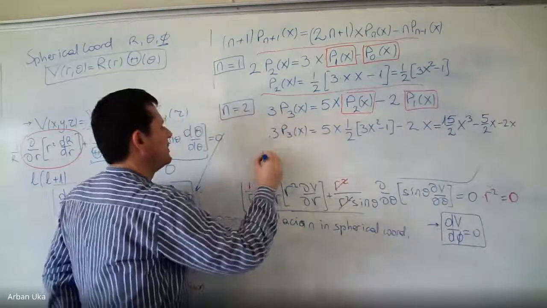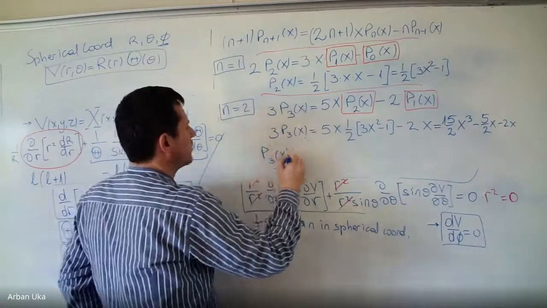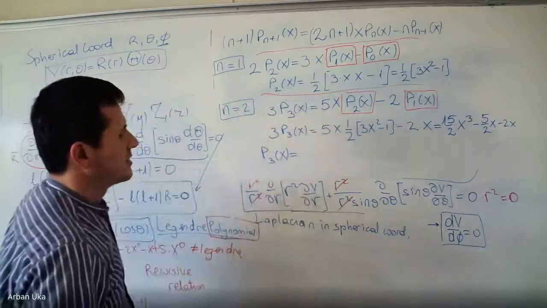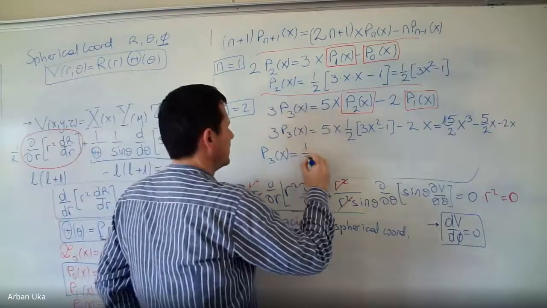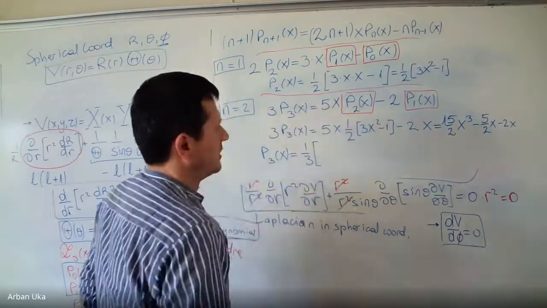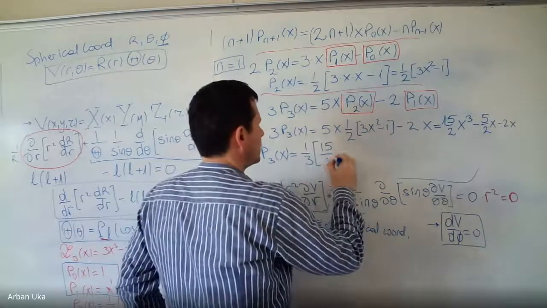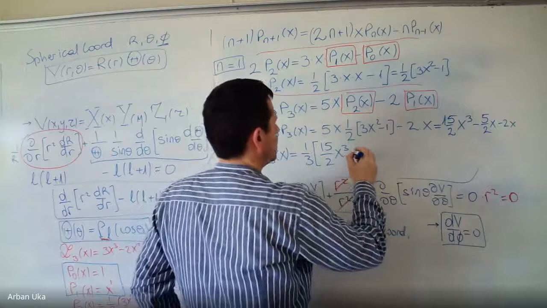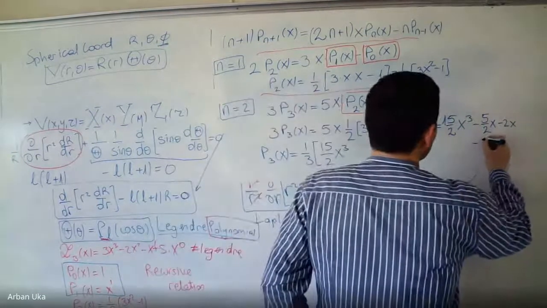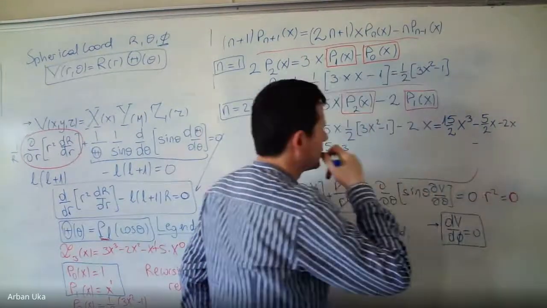Okay, so it looks like P3 of x, the Legendre polynomial of order 3, is equal to 1 over 3 times. Let's do a couple of manipulations. This is 15 over 2 x cubed. What is this now? This is minus. Who can do this one?